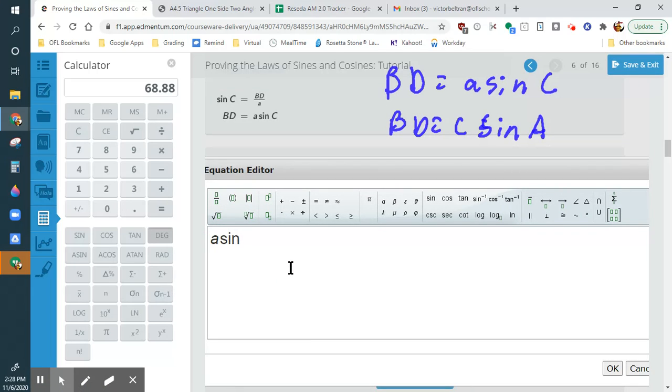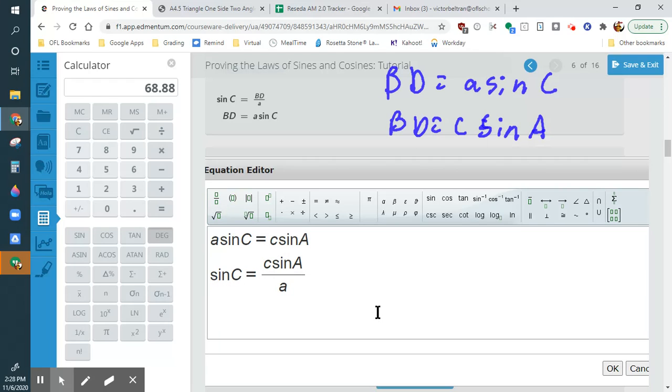A sine of C equals c sine of A. Now we want to divide both sides. So just to make this easier, I'm going to divide just the little side. So sine of C equals c sine of A, and this is going to be divided by little a.